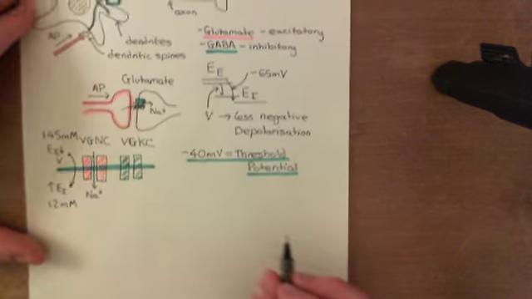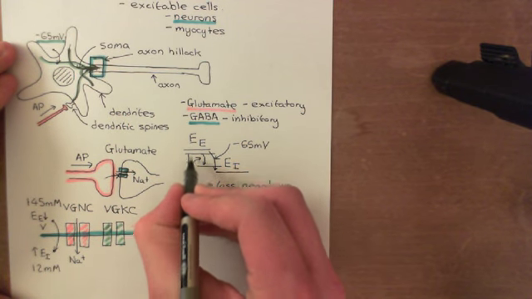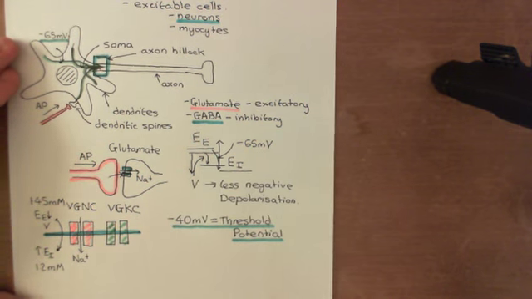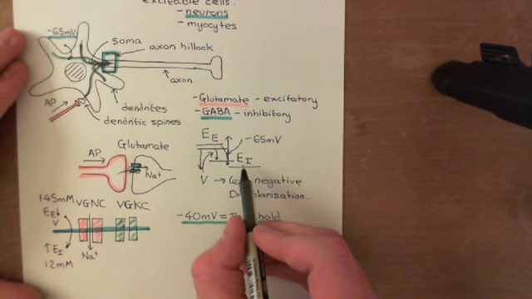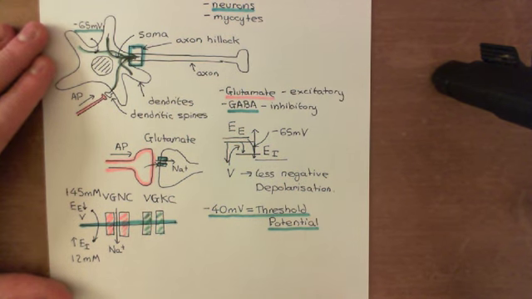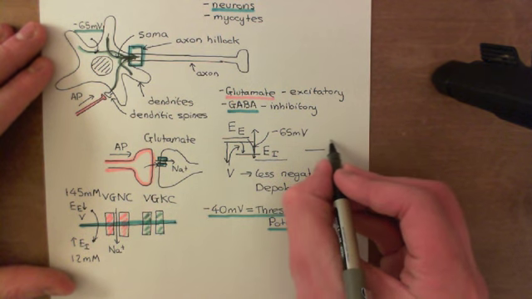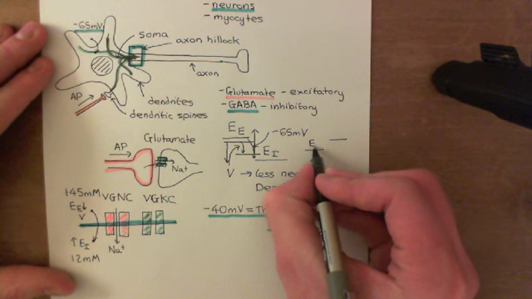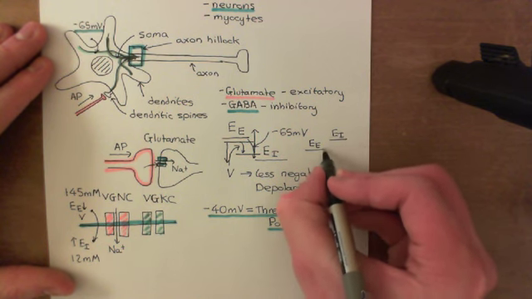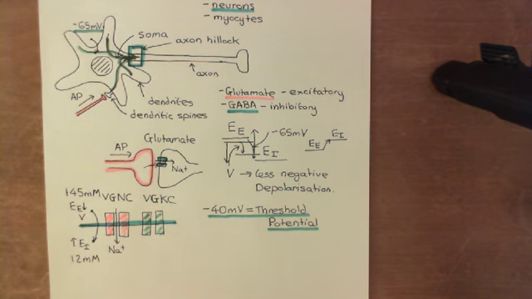So if we go back to this picture, this one's going to be plummeting down, the electrical potential extracellularly, and this one's going to be plummeting up, and it will actually get to the point where the electrical potential intracellularly is now higher than the electrical potential extracellularly, so the electrical potential difference will become positive. It'll be like this, basically. Here is the electrical potential extracellularly, here is the electrical potential intracellularly, and you've now got to move up to get from extracellular to intracellular.